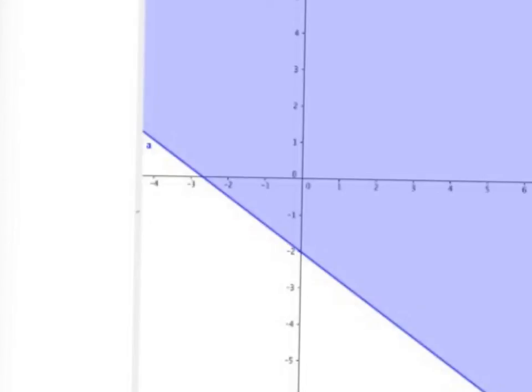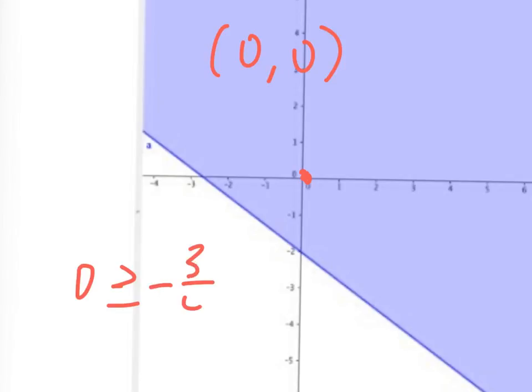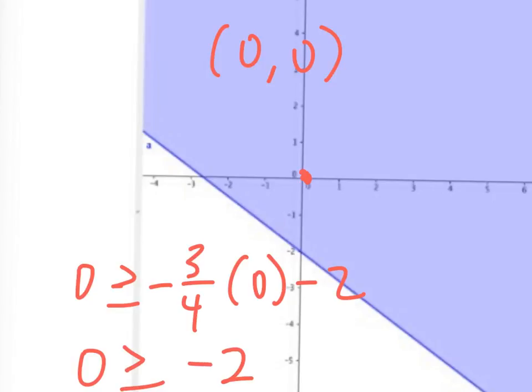For example, the origin is in the region. So if I plugged 0, 0 into my inequality, I'll plug 0 into y, and then I have negative 3/4 times 0 minus 2, so I get 0 is greater than or equal to negative 2, and you can see that's true. If I was to plug a point in this region, that would not make it true.